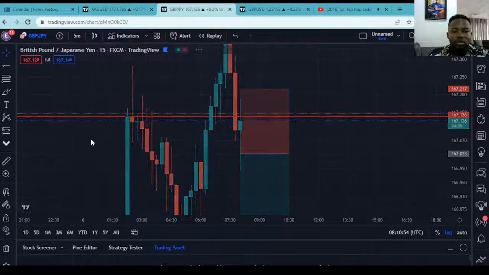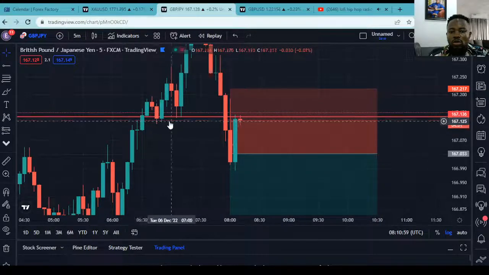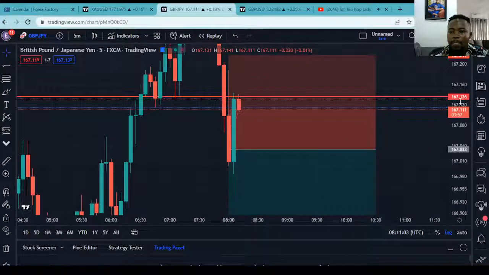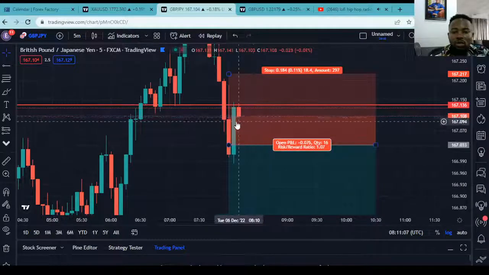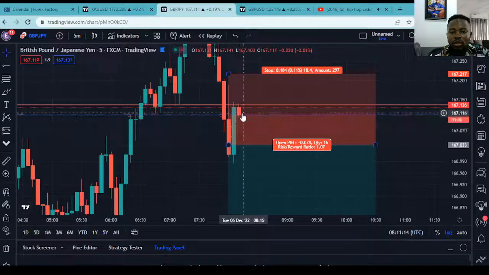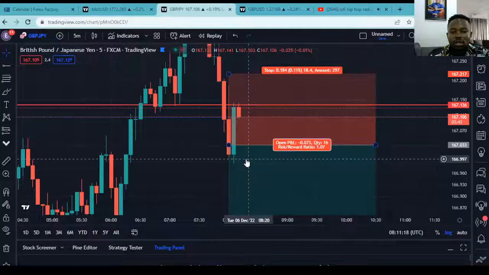Let's see how the 5 minutes closed. 5 minutes closed below support. So we closed below support. Even though we closed green, ideally we should manage our risk here, but this is a 5 minutes time frame. The next 5 minutes candle can just push down. So let's see.